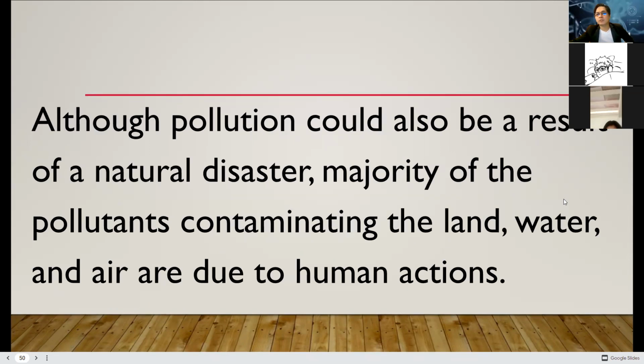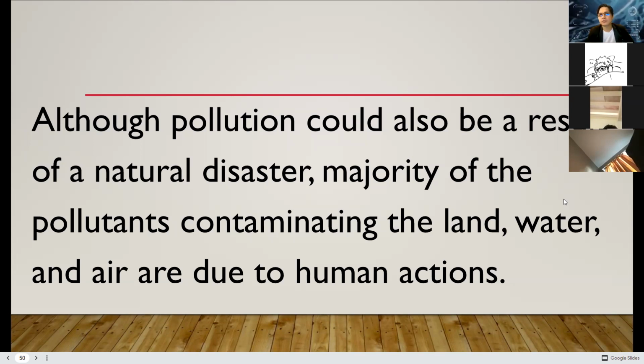Although pollution can also be a result of natural disaster, just like volcanic eruption, it can actually cause pollution, the volcanic ash. Majority of the pollutants contaminating the land, water, and air are due to human actions. This is one of the effects of human actions.